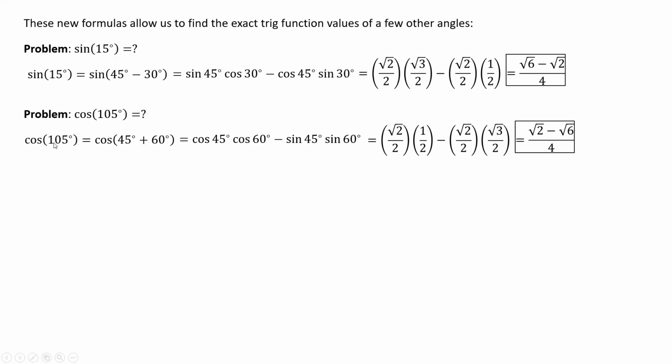So cosine of 90 minus 105 must be sine of 105 degrees. What is that? Sine of 90 minus 105. Cosine of 9.